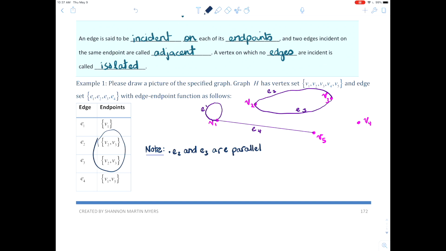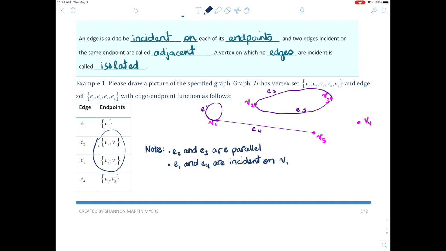And just an example of the incident language, E1 and E4 are incident on V1. And if you look back on incident, an edge is said to be incident on each of its endpoints.